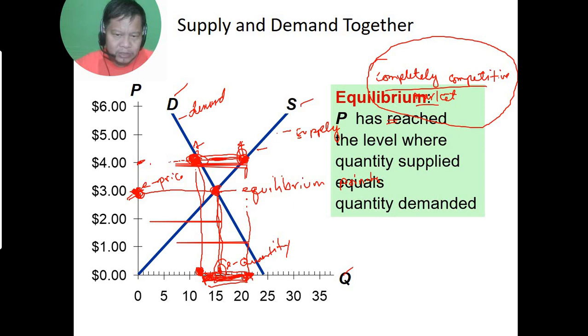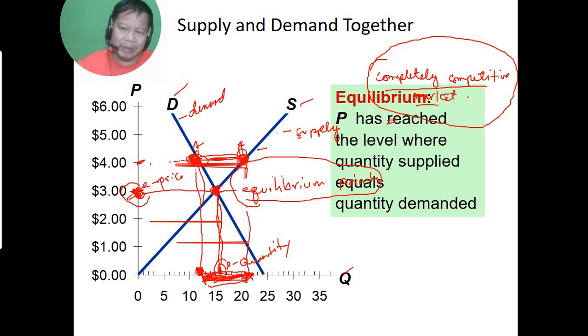So I guess you understand the equilibrium points, no? Equilibrium levels. At equilibrium, the quantity supplied should equal the quantity demanded at a given price in a completely competitive market. And in this completely competitive market, nobody is controlling the price. It is the interaction between the demand and supply.